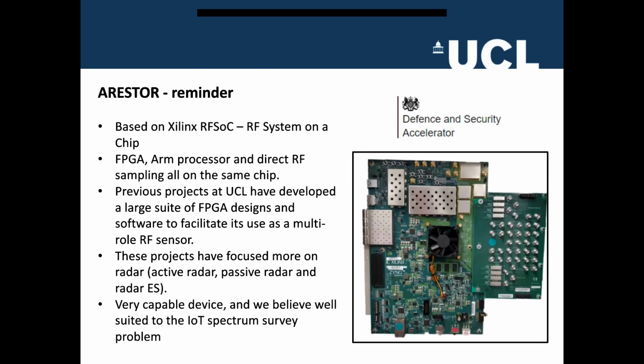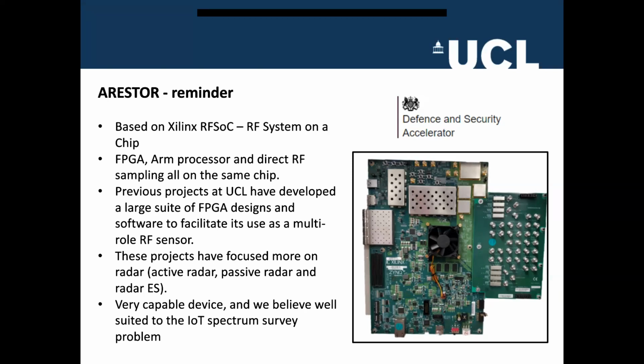Having got the software algorithm working and tested it on a range of different LoRa signals, we were pretty happy with the performance of that. It was very effective at identifying and pulling out these parameters. So then we started to work towards deploying this onto hardware that might allow us to have a real-time system.